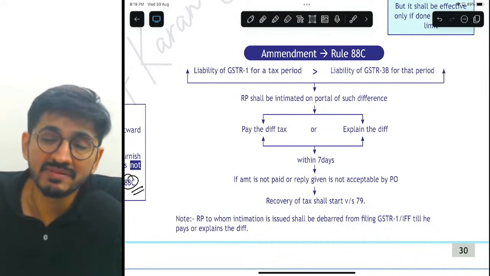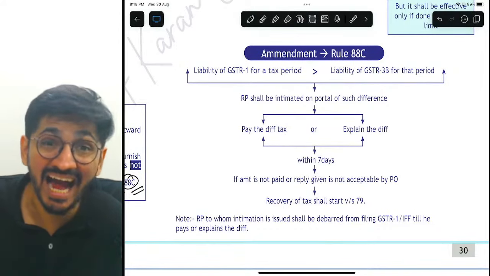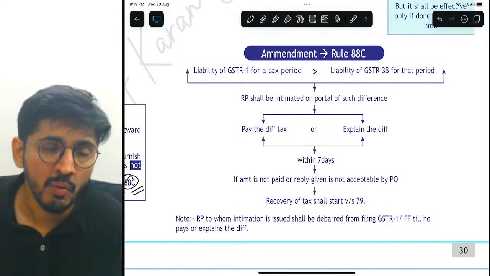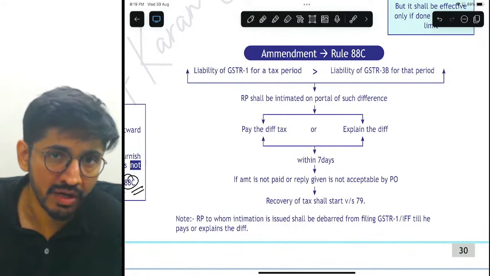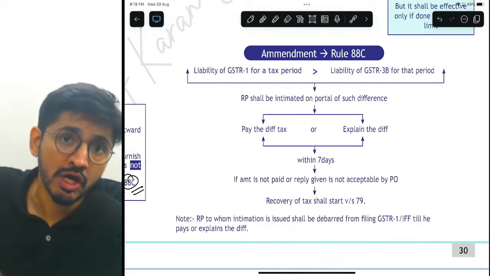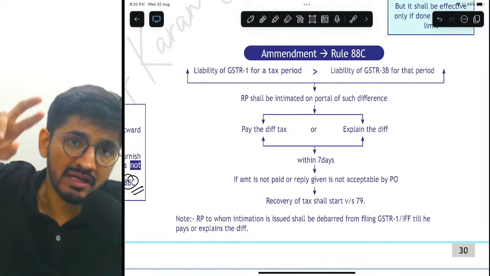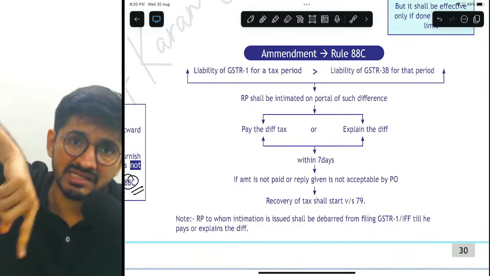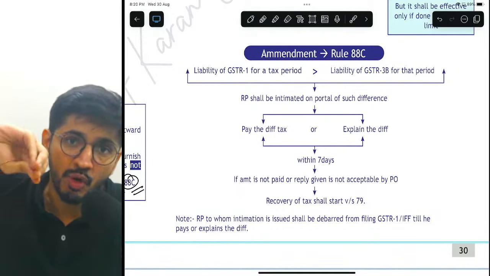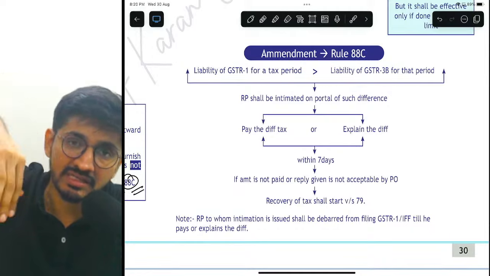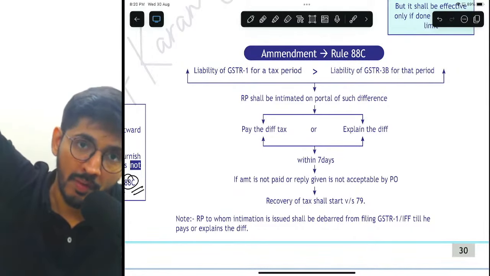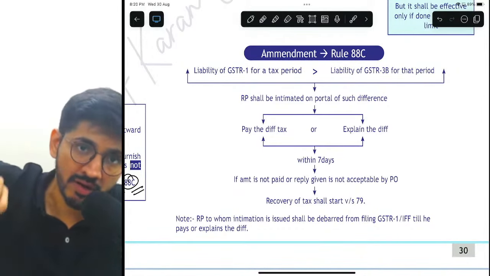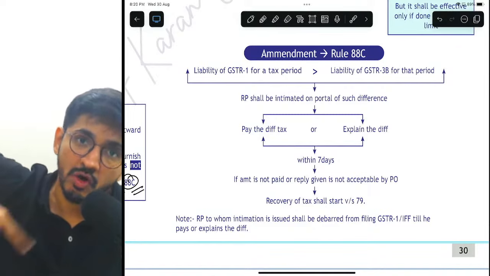So, to save himself from the recipient's agony, what the supplier does is he shows it in 1 so that it reflects in the recipient's 2B. And now that the recipient has this information in 2B, which has got auto-populated because of the supplier's GSTR 1, the recipient is not antagonized. He thinks that the supplier has already paid the tax on the supplies that he has shown in 1. But the supplier exactly does the opposite.